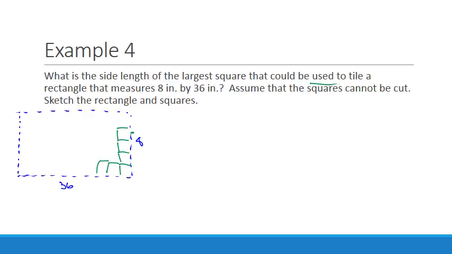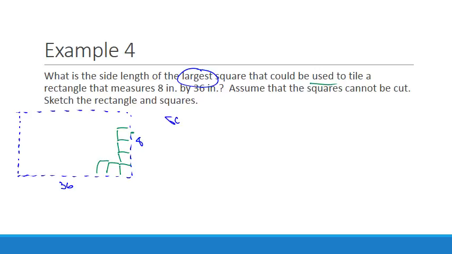So we're looking for the greatest common factor, the greatest number that'll divide into both 8 and 36 equally. And I think I forgot to mention that in the previous one, this says largest, therefore you can use GCF. So let's get working on that.